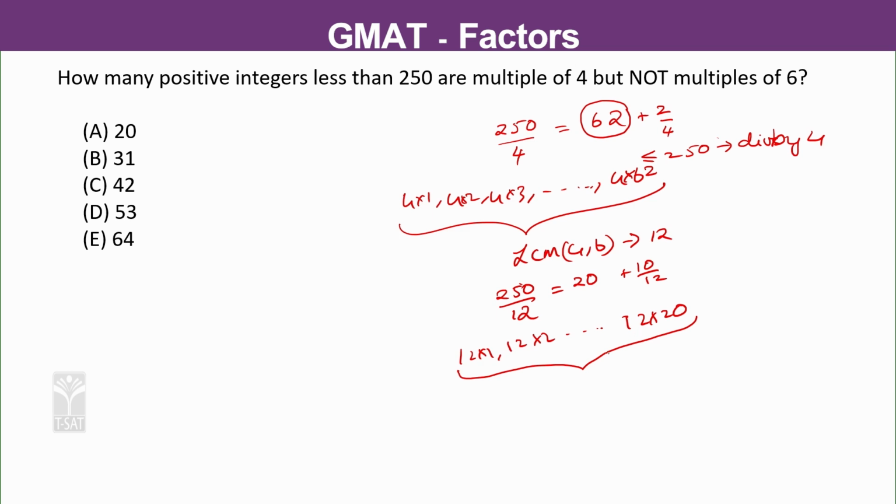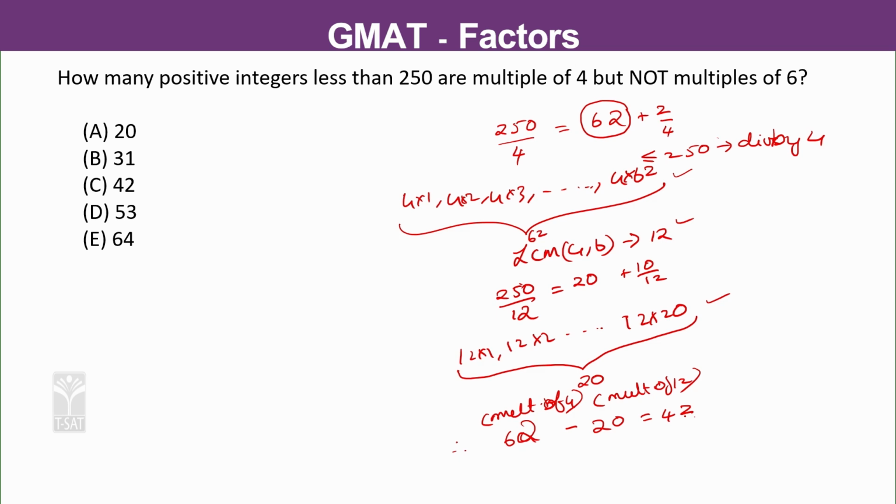So out of the 62, you will have to remove 20 numbers which are divisible by 12, the LCM of 4 and 6, that is, divisible by both 4 and 6. Hence, the total number of positive integers that are multiples of 4 minus multiples of 12 is 62 minus 20, which equals 42.